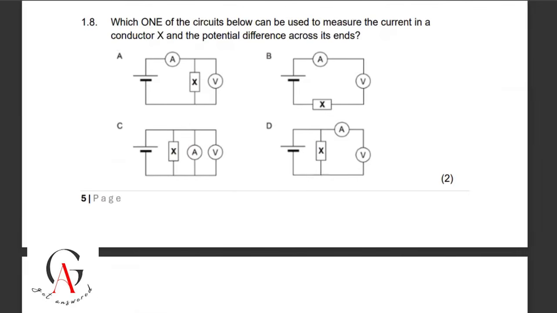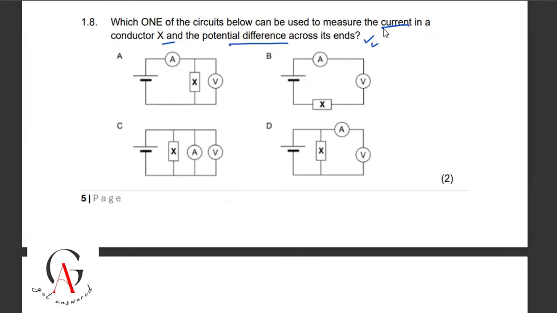1.8. Which one of the following can be used to measure the current in the conductor X and the potential difference across its ends? Which one of the circuits below can be used to measure the current in X and the potential difference?